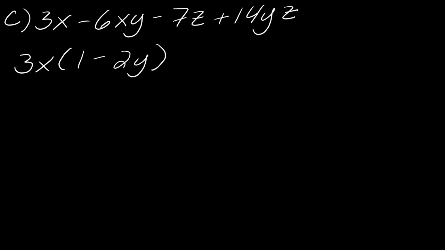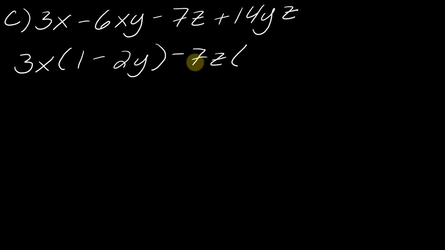Okay, now we've got to be careful in the second branch of this. I notice that 7z goes into negative 7z and 14yz. But what I'm actually going to do is factor out the negative. So I am going to factor out negative 7z, which is going to flip the signs for both of these terms.